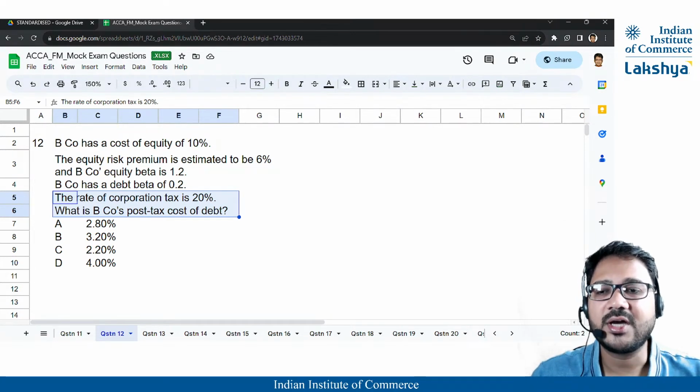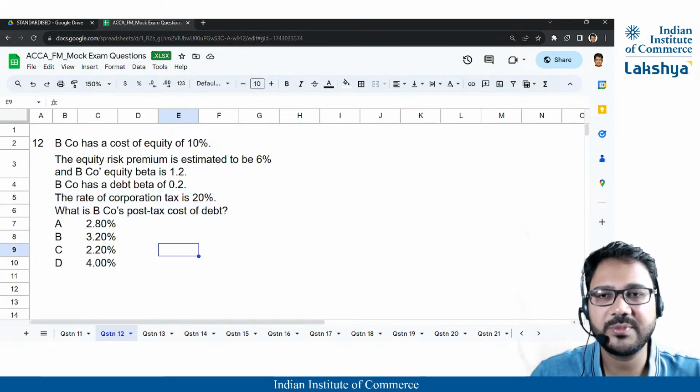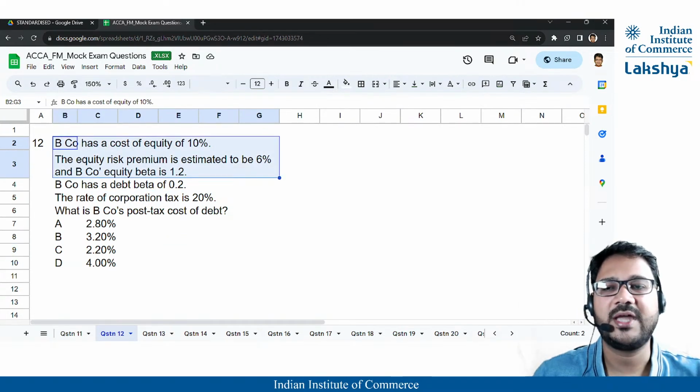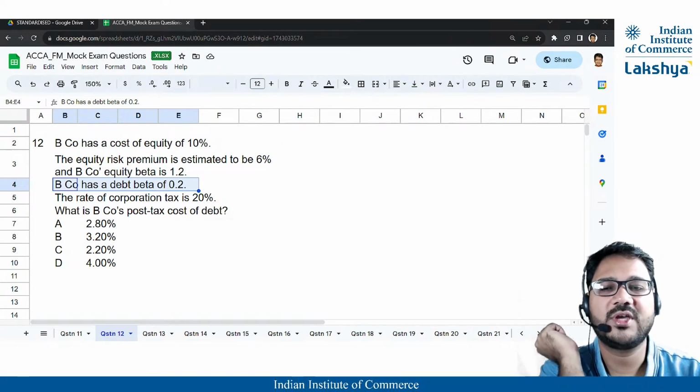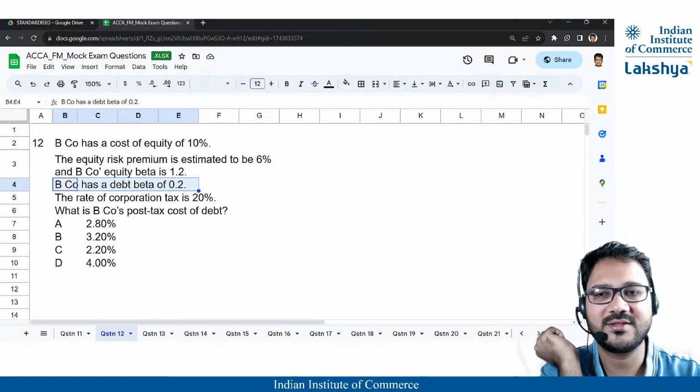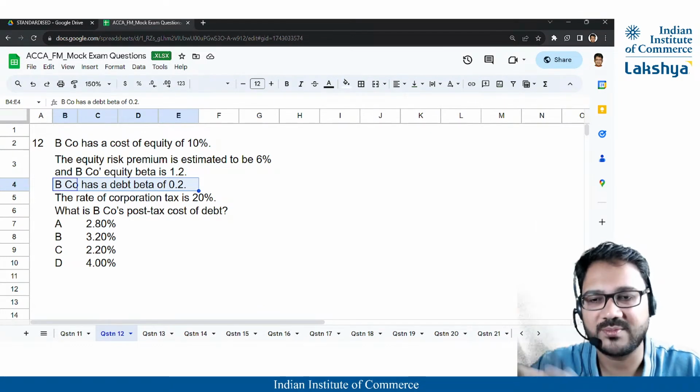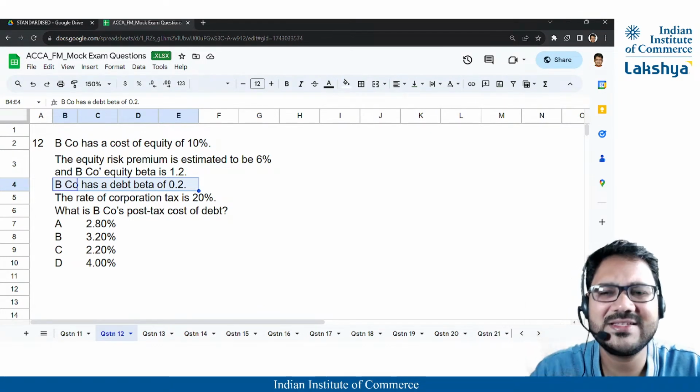Now, this is a very different sort of question, and a lot of students would get lost over here because all the information we have relates to CAPM, and we have never dealt with debt beta. We have always taken debt beta as zero. So how do we do it? It's very simple.